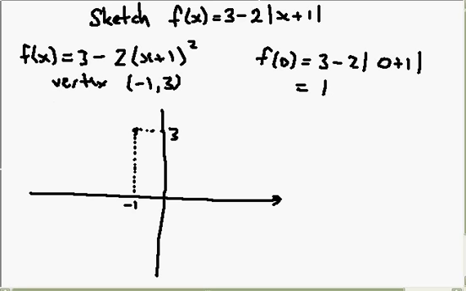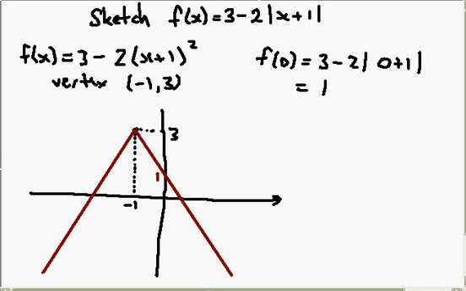Okay, so it is crossing the y-axis, or the f-axis, at 1. And so it will look something like this. Oh, sorry, there. My mistake. Let's get rid of that.